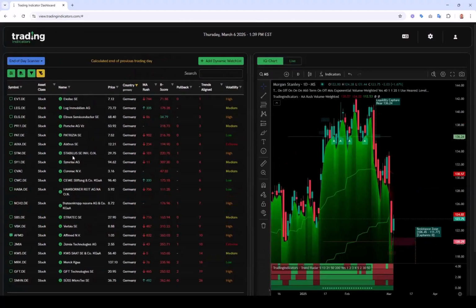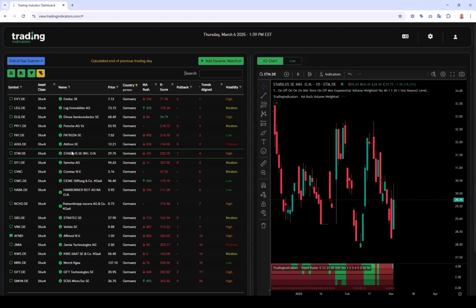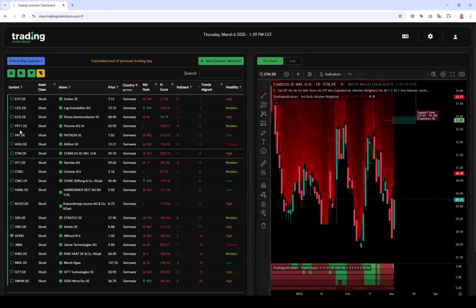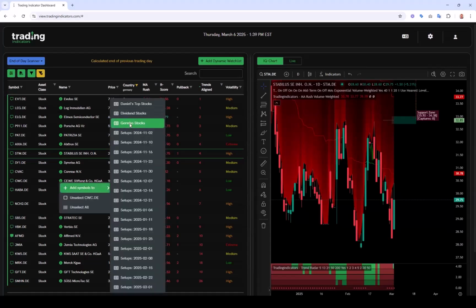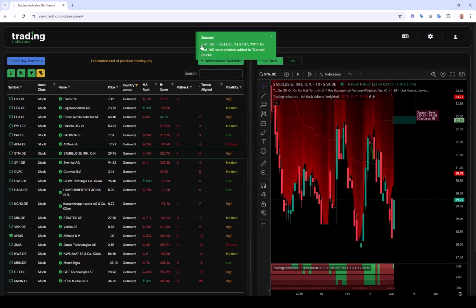And one thing I can do is I can do Control A on my keyboard. Once I do this, you have this big bar on the left-hand side, meaning that all the stocks, all the symbols are now selected. And I can add them all at once to my watch list. Done. 163 symbols were added to the German stocks watch list. That's possible too. And there's one more thing you can do.